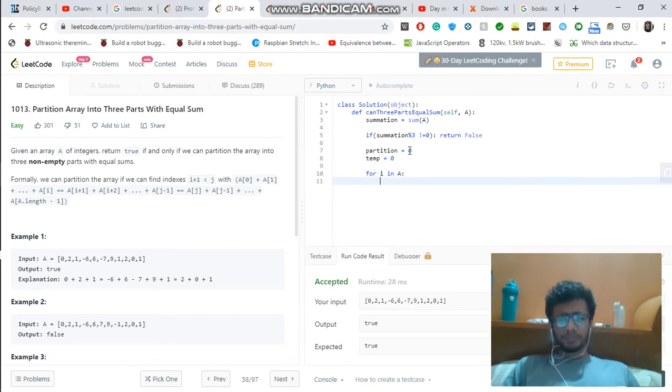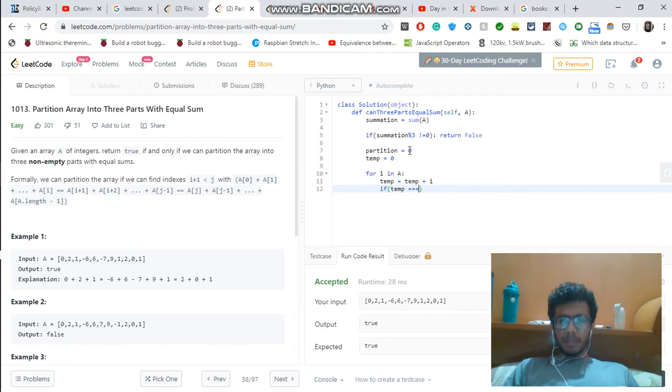For i in a, temp is equal to temp plus i. If my temp is equal to the ideal, so what's my ideal? The ideal is equal to summation by 3.